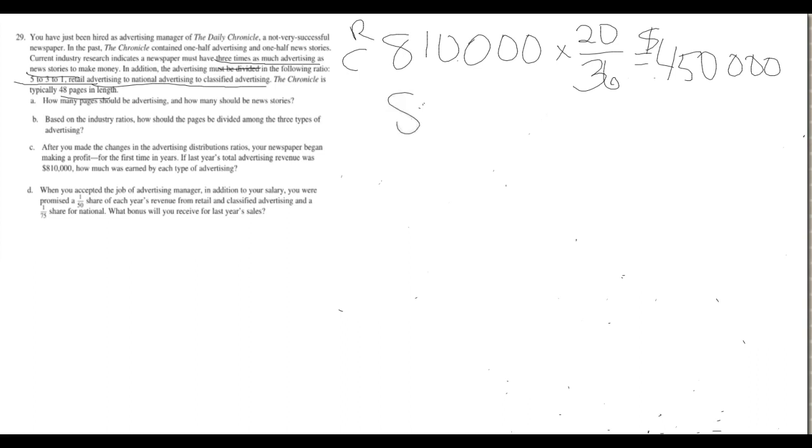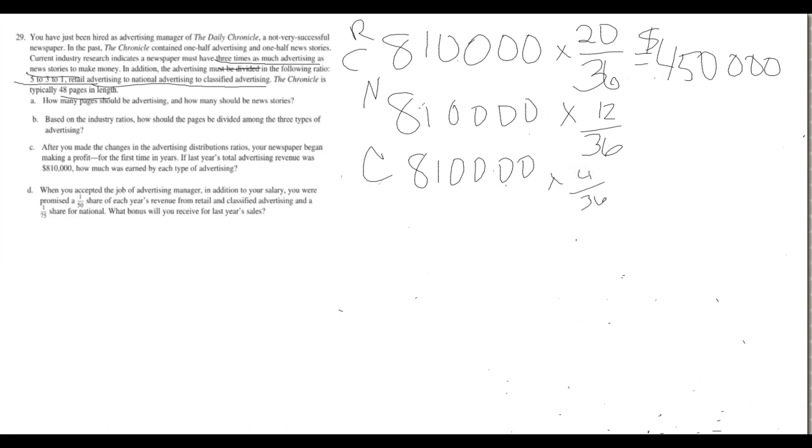And we do the same for the national and the same for the classified. National, there was 12 out of 36 pages, and for classified, there was 4 out of 36.